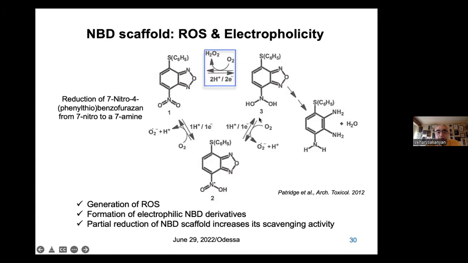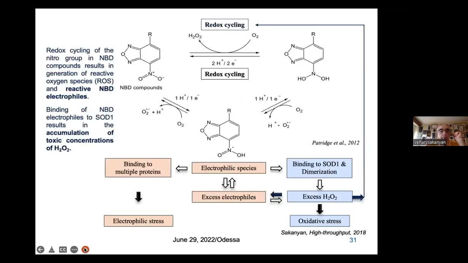pathway. So it means the cyclization of the peroxide hydrogen, which is called redox cycling.